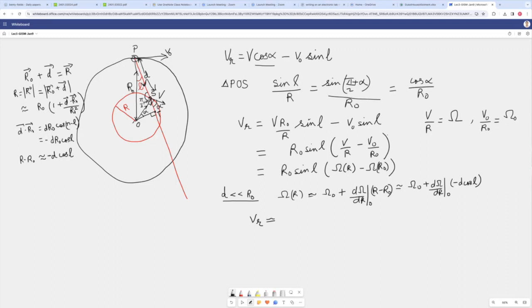Plugging that in, we get this minus that. What we get is minus r naught by 2 d omega dr evaluated at the solar location times d times sine 2L.